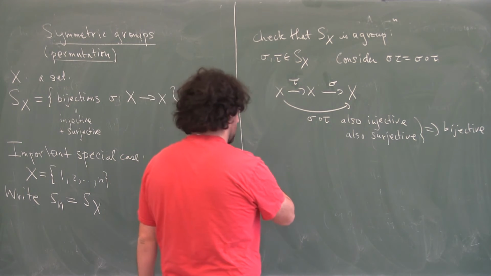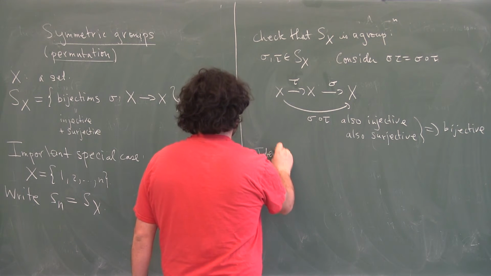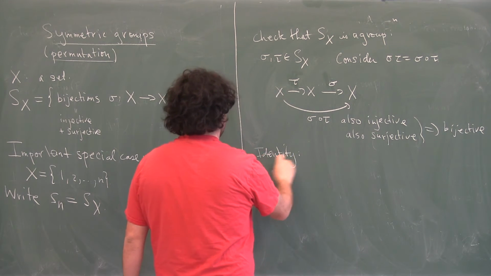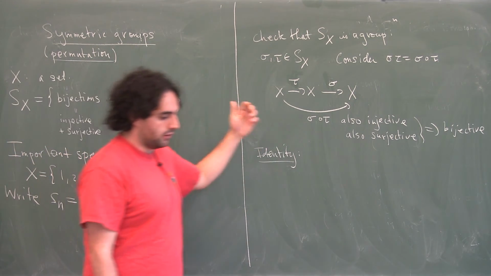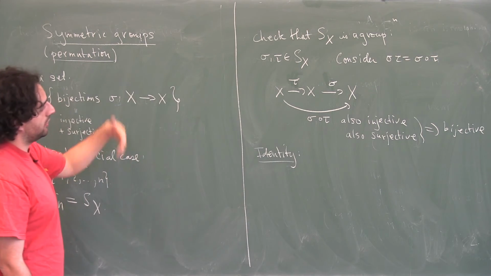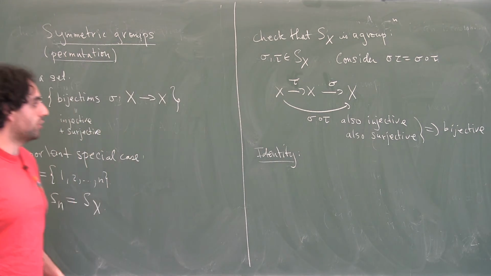Now we have to check the identity. So the identity permutation, permutations will be another name for the elements of these symmetric or permutation groups.